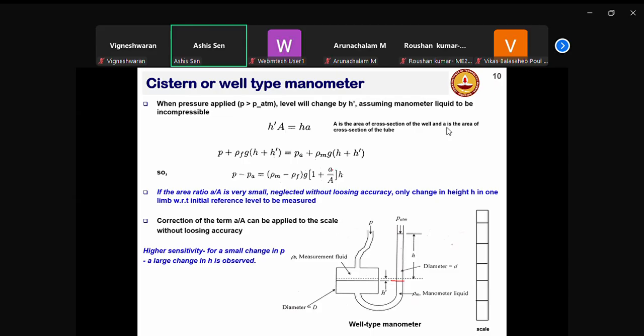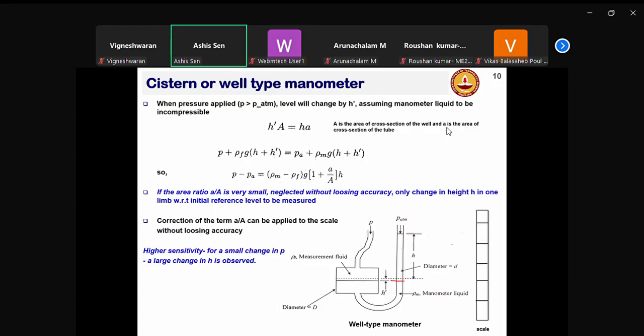And in fact, you may incur a very small amount of error by neglecting this term. And if you have a scale on the right limb, that can also accommodate this small error you may incur. Okay.